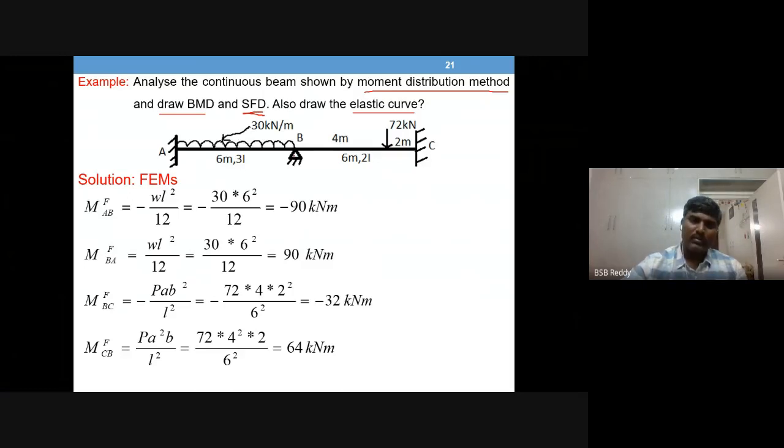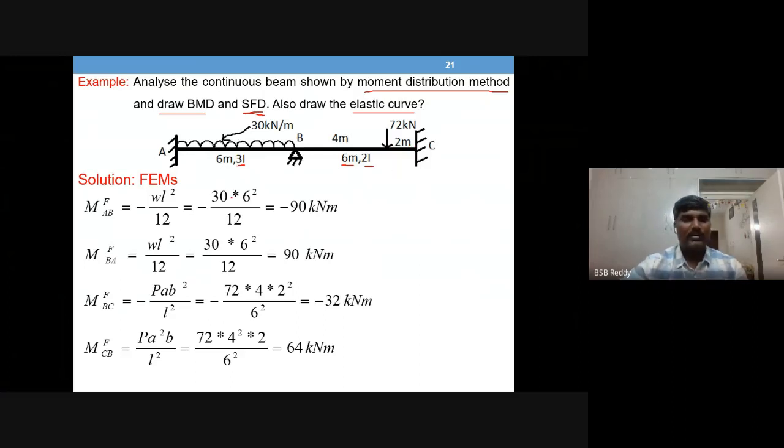B is a hinge. AB is 6 meters with moment of inertia 3I, and BC is a 6 meter span with moment of inertia 2I. AB has a UDL, BC has a point load which is eccentric.